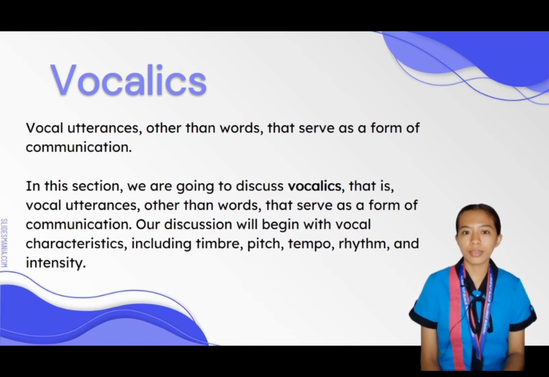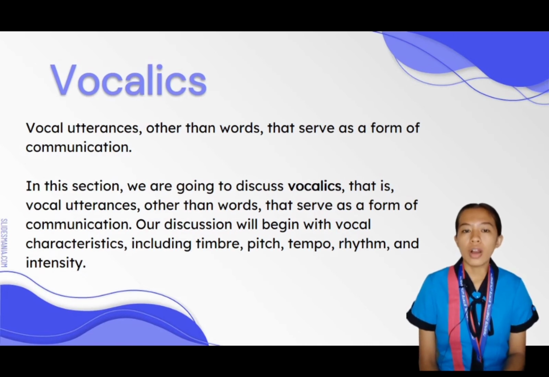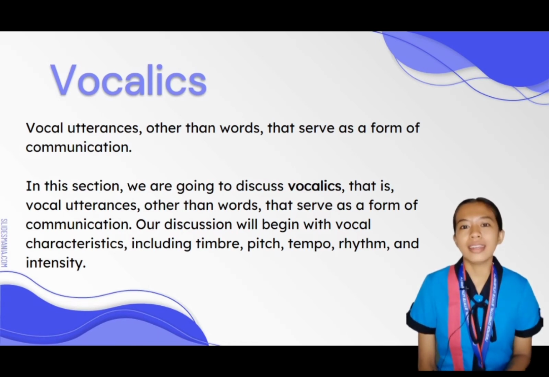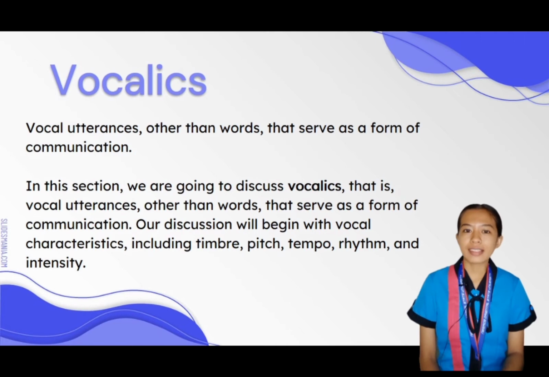Next is rhythm. Rhythm is the variation in the flow of your voice created by differences in the pitch, intensity, tempo, and length of word syllables. And intensity is the volume of your speech, how loudly or softly you express yourself.